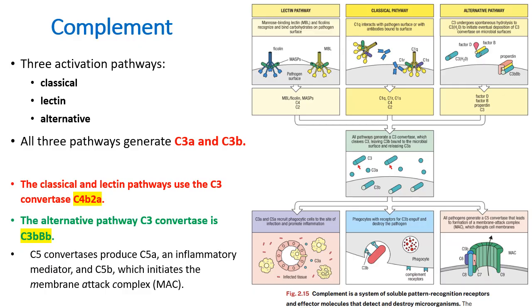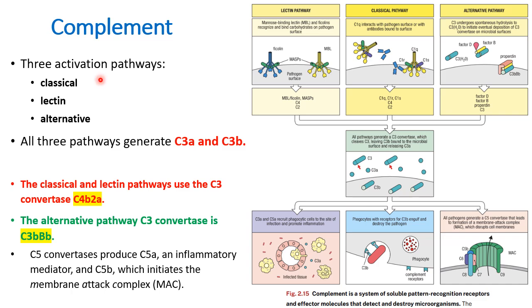Okay, so we saw before that we have three branches for the complement pathway, or three pathways. And we have seen that they all converge at that C3 protein, cleaving the C3 protein.